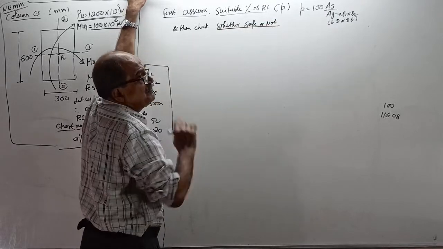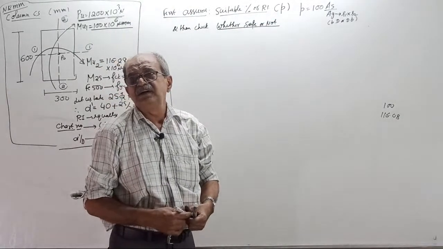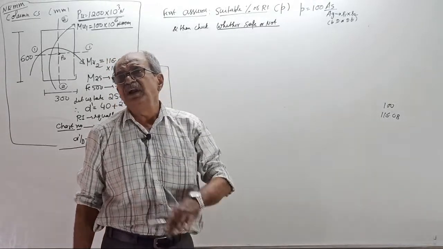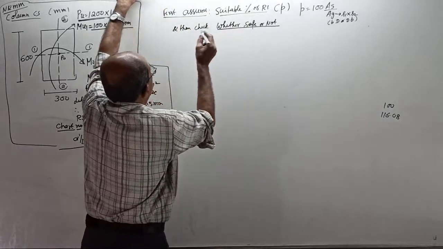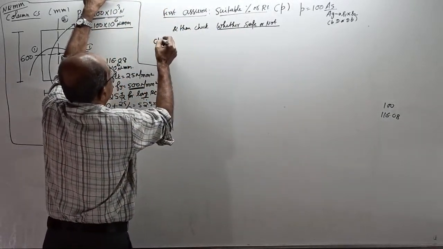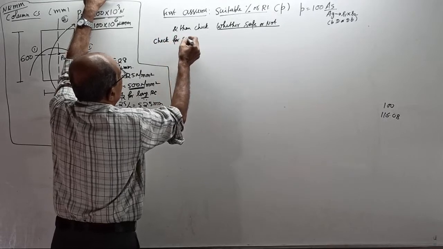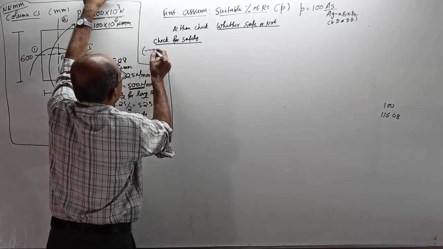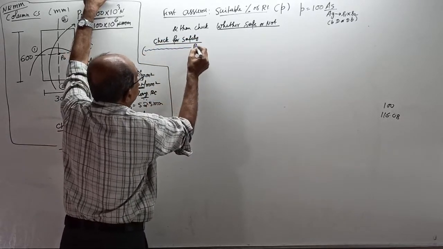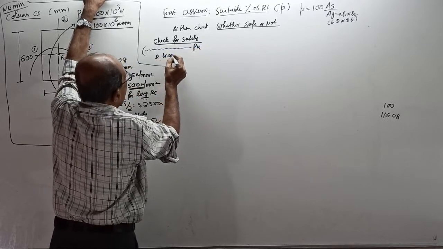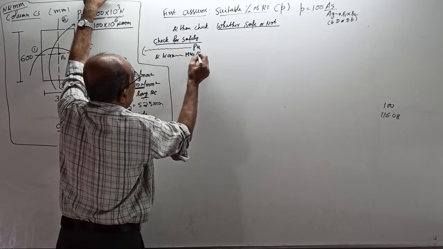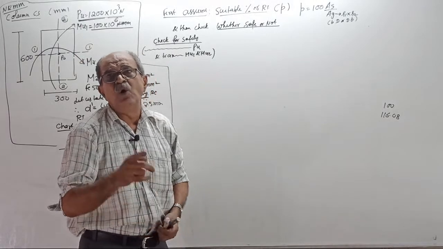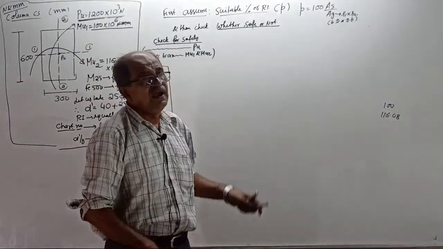Then if safe, you also have to check whether it is too much over safe and uneconomical. If it is unsafe, you have to redesign. Now, how to check for safety? When a column section is subjected to axial load PU and biaxial bending MU1 and MU2, my symbol, whereas the IS code symbol is MUX and MUY. That is confusing, so I use MU1, MU2.